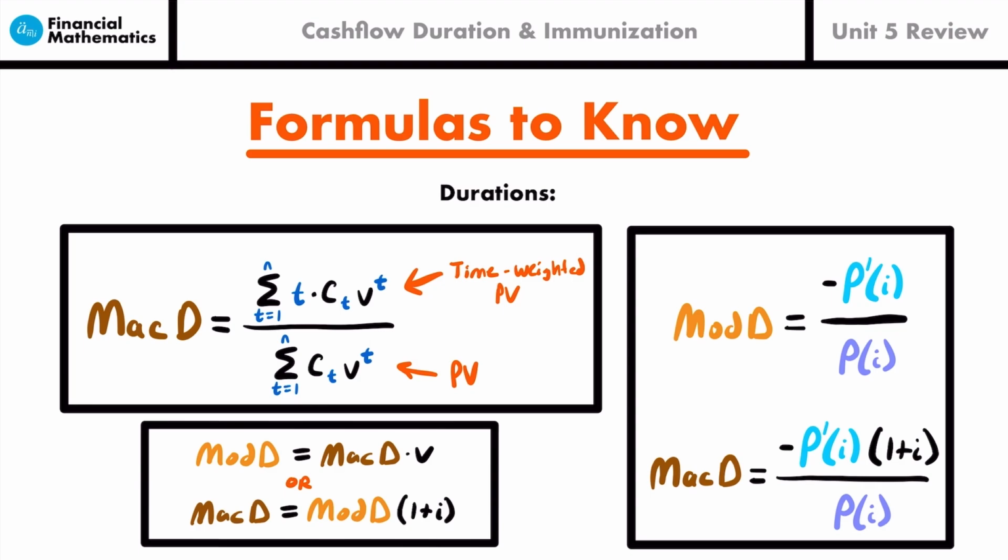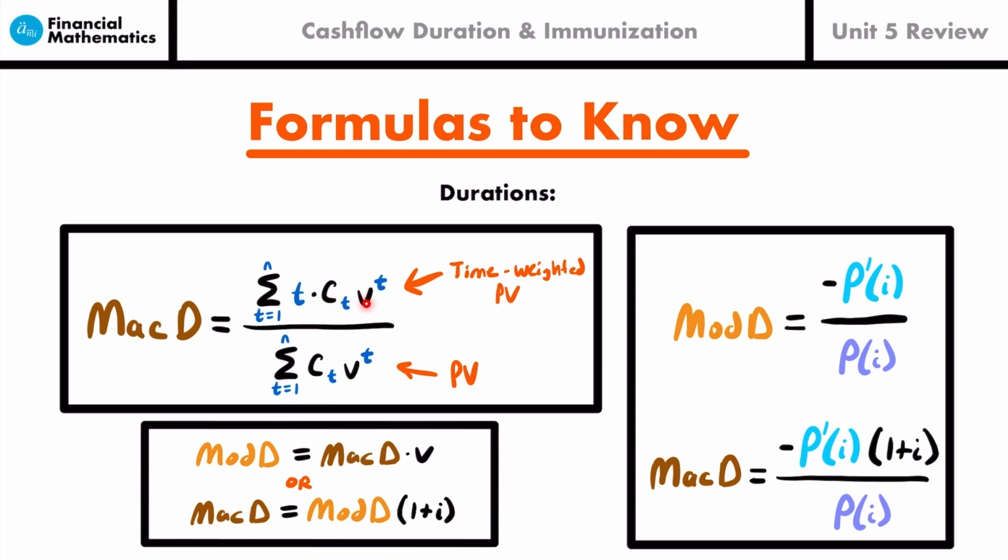You can calculate the Macaulay duration for a set of cash flows by taking what I call a time-weighted present value of those cash flows and dividing it by the present value of those cash flows. Now we do have this somewhat complicated mathematical notation here, but what it's saying is we're taking the sum of the present value of our cash flows. C sub t represents a cash flow at time t.